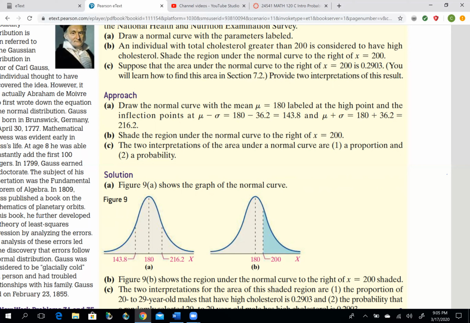So these are my inflection points, and this is my mu. So we get these 143.8 and 216.2. So let me erase this again.